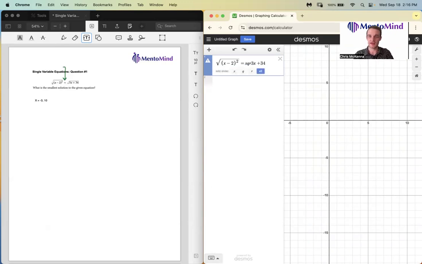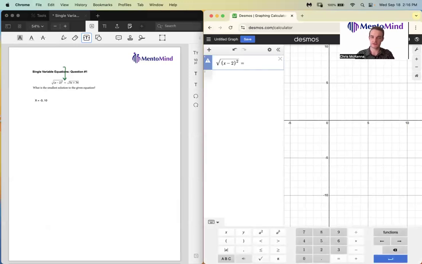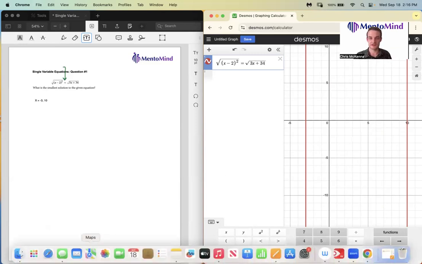But that same symbol can also just be accessed from the keyboard. So I'd encourage you to look through the keyboard also and just familiarize yourself with all the functionality that this app has. There is a lot built in here.